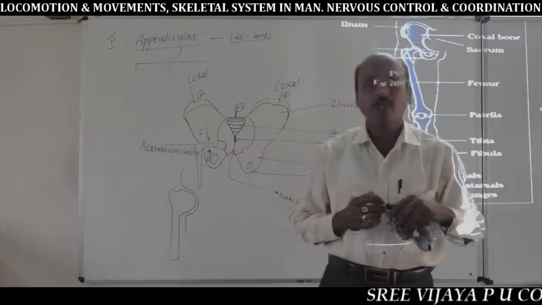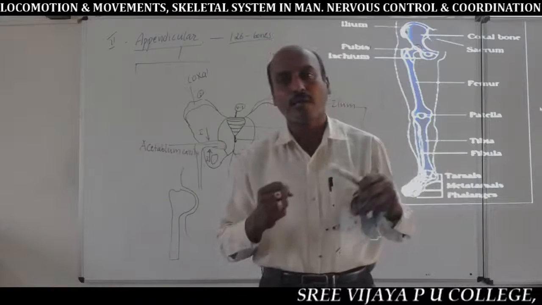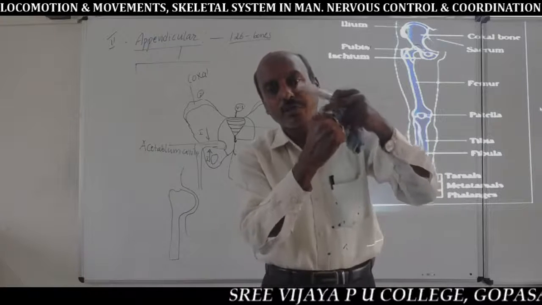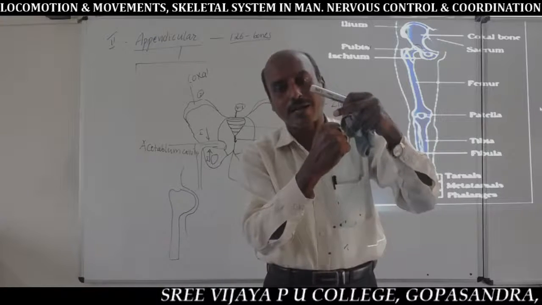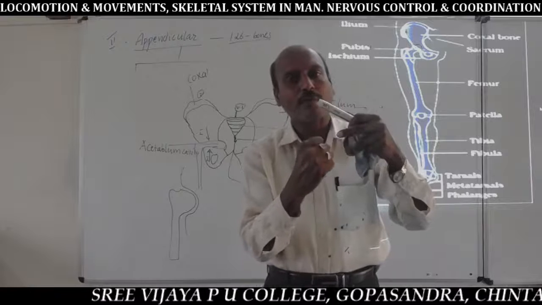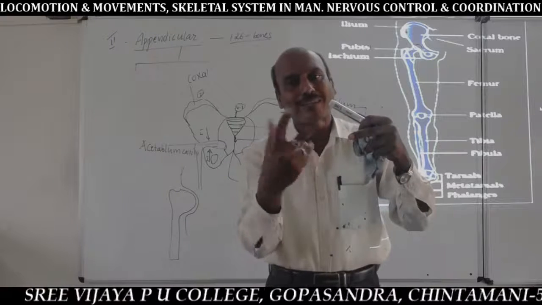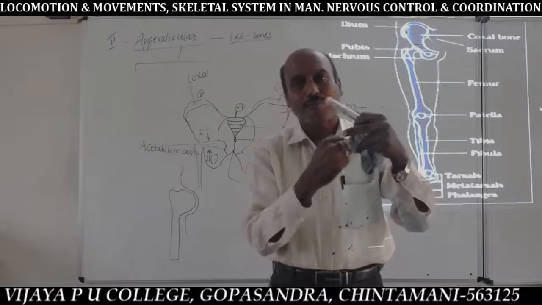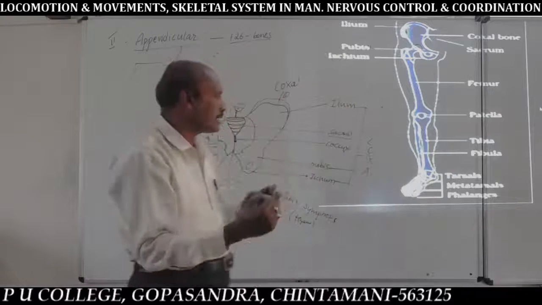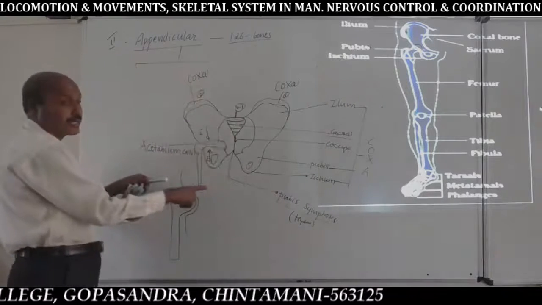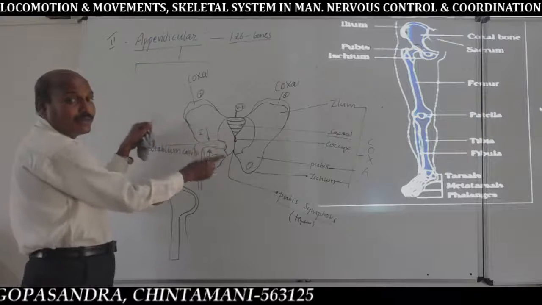Into the acetabulum cavity, the head of the femur is fixed in the form of a ball and socket joint. That is also one type of freely movable joint, a synovial joint, the ball and socket joint. This is the structure of the pelvic girdle.